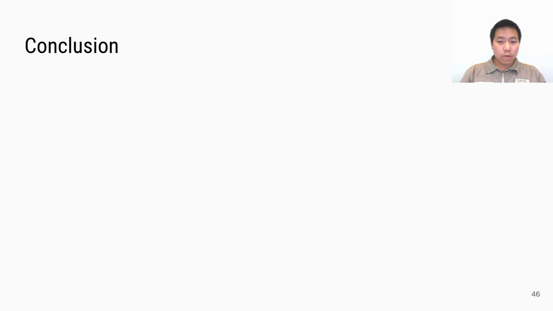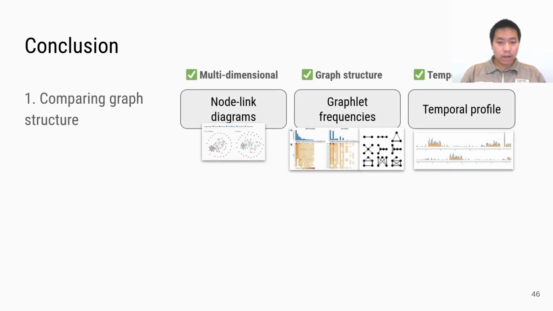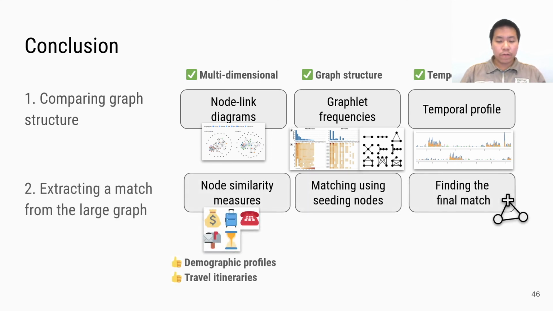In conclusion, we apply multiple data analysis and visualization techniques to address VAST 2020 Mini Challenge 1. First, to compare the graph structure, we propose node link diagram, graph bed frequency, and temporal profile to evaluate the similarity between graphs. Second, to find matching subgraph in the large graph, we use node similarity measure to find matching node, and found that demographic profile and travel itinerary led to a good result.